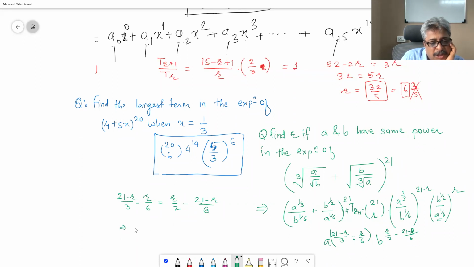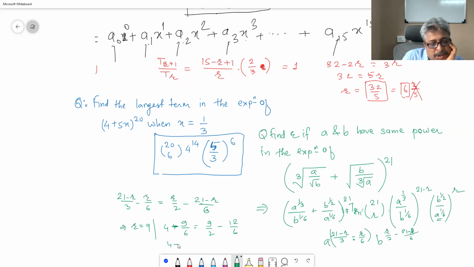Okay, if you solve this, if you put r is equal to 9, I think we will get the LHS. Now 12 by 3 is 4, plus 4 minus 9 by 6 is equal to 9 by 2 minus 12 by 6, that is 2.